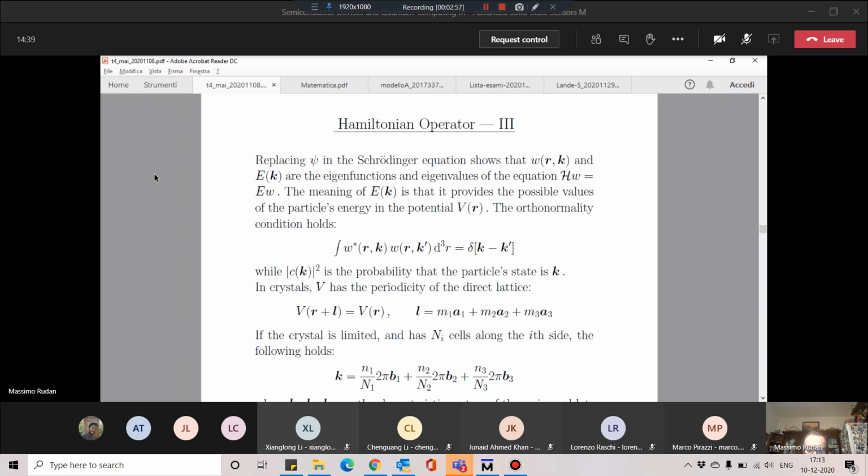So in order to describe the periodicity of the potential energy V, we simply write that V of any position R plus L, with L any translational vector of the lattice, is equal to V of R. That is the expression that describes the periodicity.